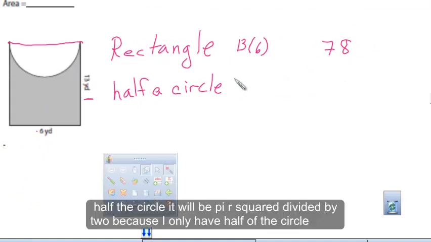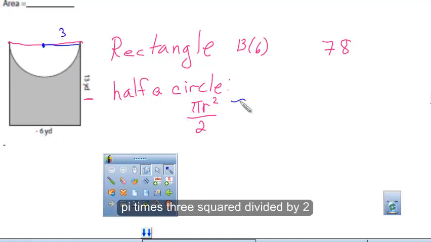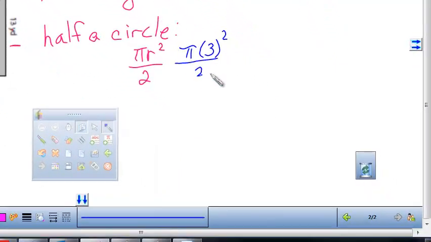And now my half a circle is going to be pi r squared divided by 2 because I only have half of the circle. My r goes from here to here, which would be 3 because this is 6. So I get pi times 3 squared divided by 2, which is 9 times pi divided by 2.